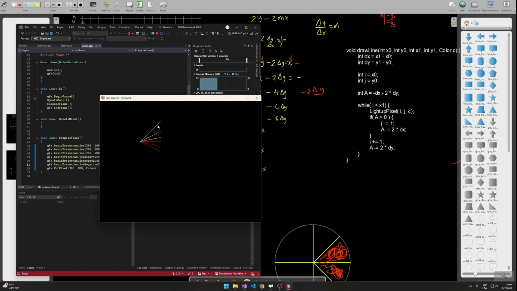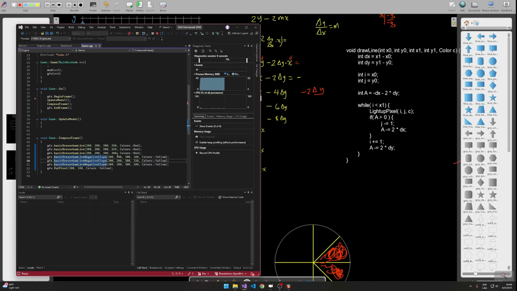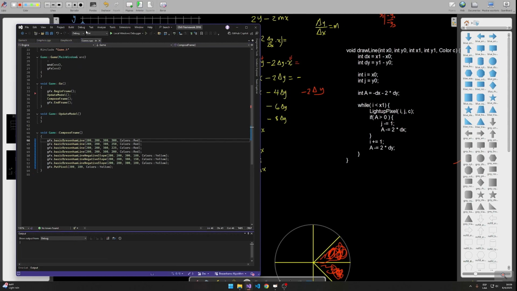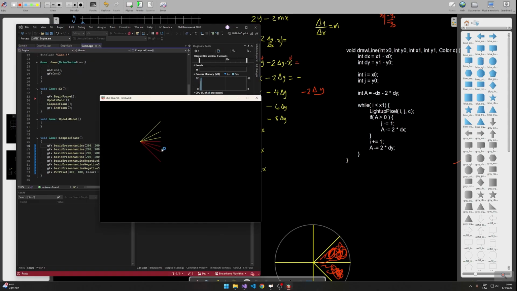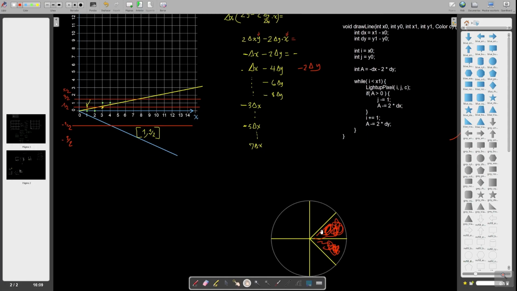I don't know why this one is larger than this one, and the reason, I guess, is because I didn't do a 300 version of it. 250, 200, whatever. So let's just do this one, but with a slope of 300, if I'm not wrong. Let's build it. And now you can see that we can draw on all of these parts.